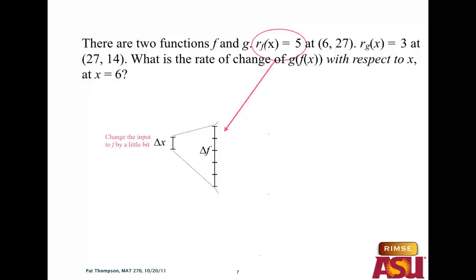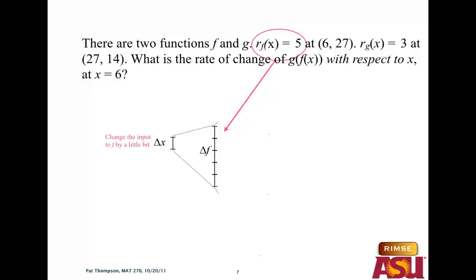Okay, so now if f changes this much, how much is g going to change? 3 times the size of f. He's saying, if we have g of f of x and f changes by a little bit, g will change 3 times as much as the change of f. Is that right?